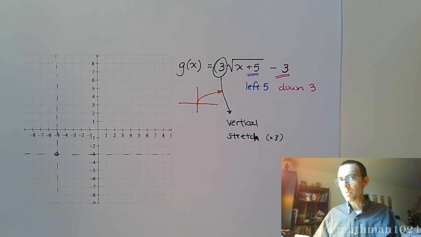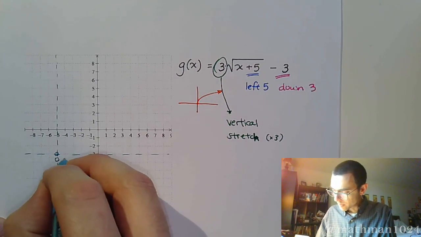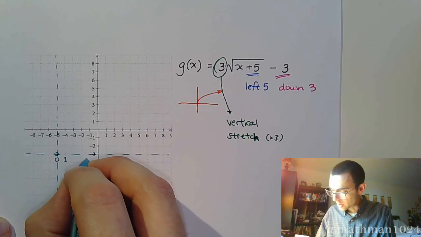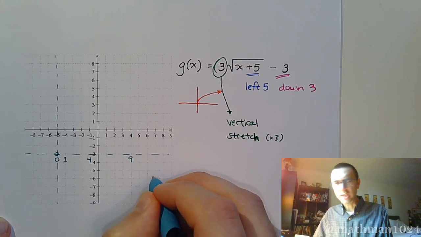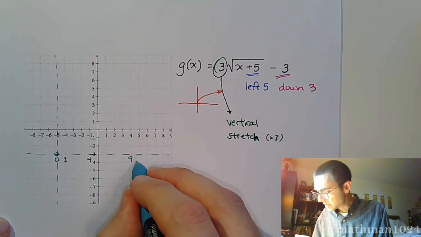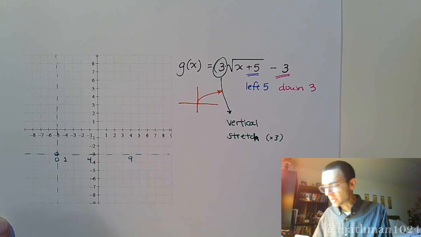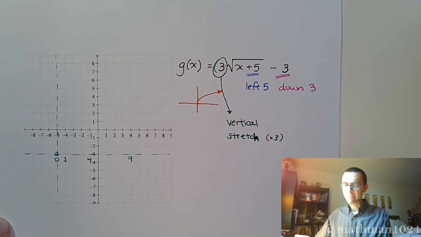Make sure you remember your key points, your key input values for the square root function. That would be 0, 1, 4, 9. Let's see, the next one after that would be 16, which is too far off. I'm not going to worry about it.